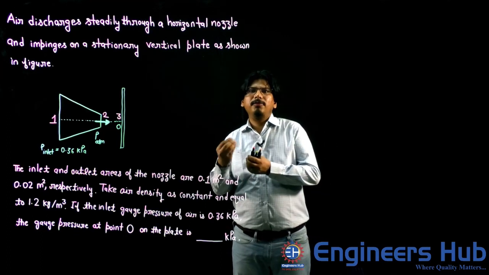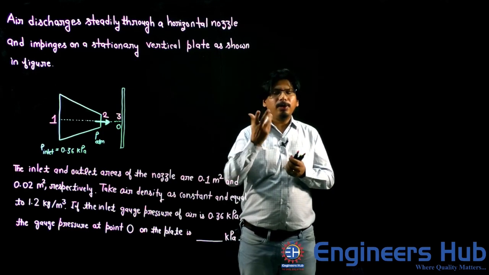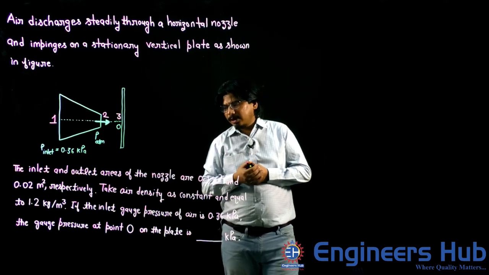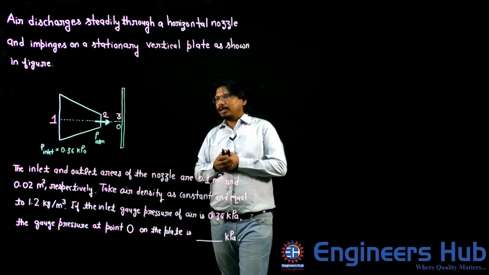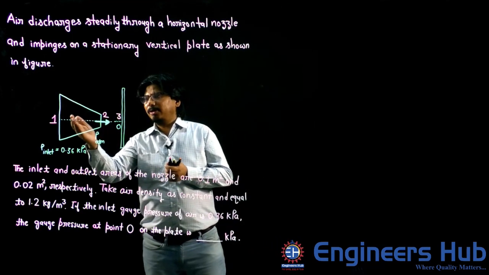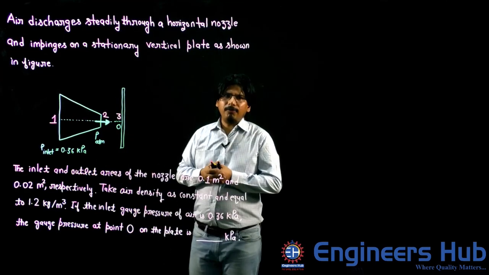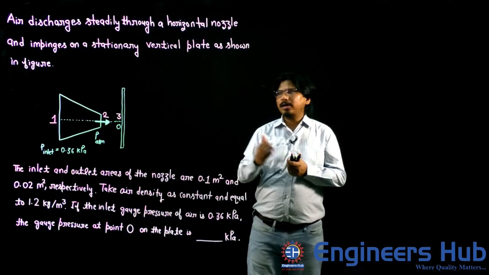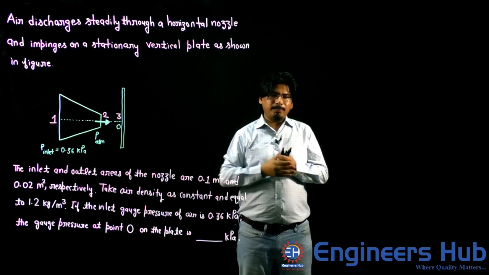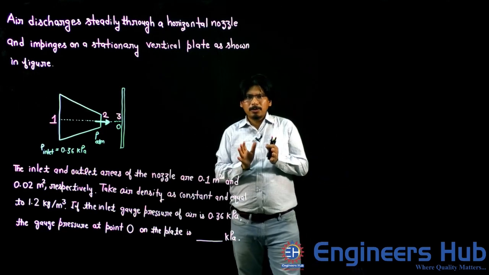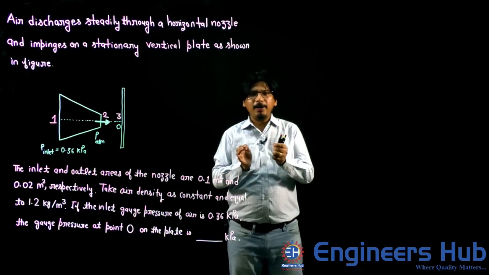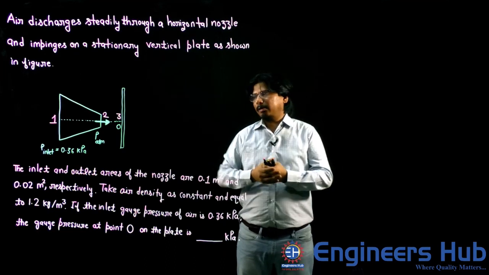That means we can apply A1 V1 is equal to A2 V2. How to solve this problem, my friends? We will do one thing. First we will apply Bernoulli's equation between 1 and 2, and then again we will apply Bernoulli's equation between 2 and 3 to find this Pg3. I will be solving this problem in the simplest way without using a calculator.